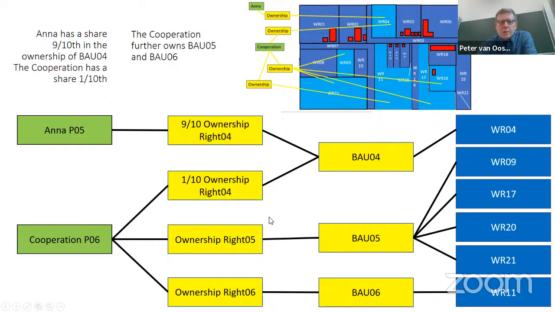The other ownership, which is called right number 5, attached to property number 5, is a collection of parcels 9, 17, 20, and 21. And for some reason, parcel 11, that's the parcel over here, is registered by an own right.